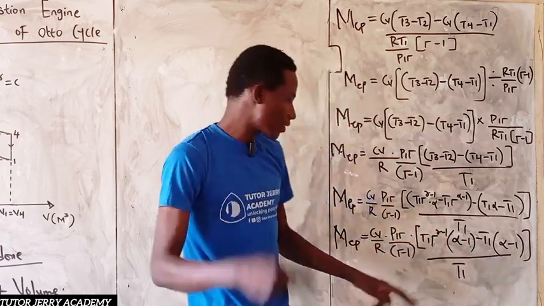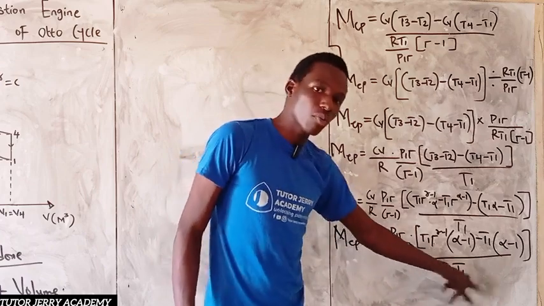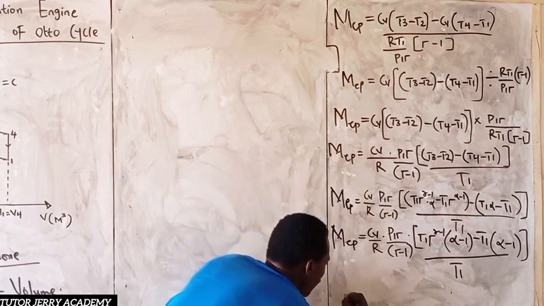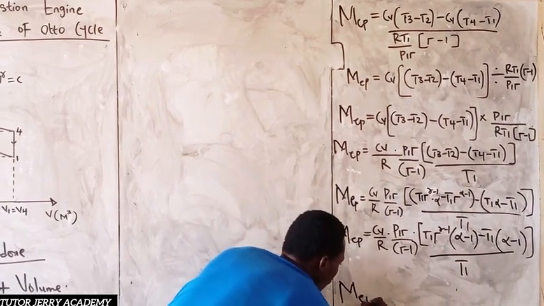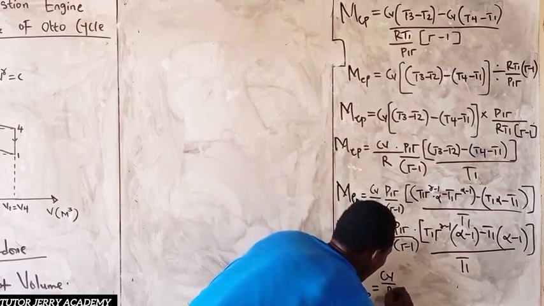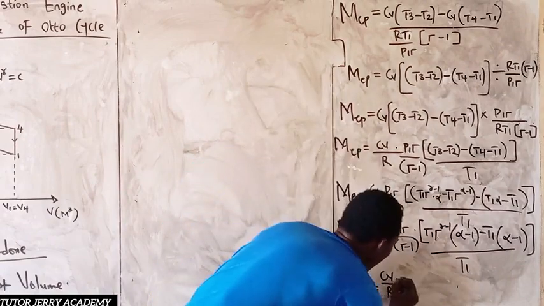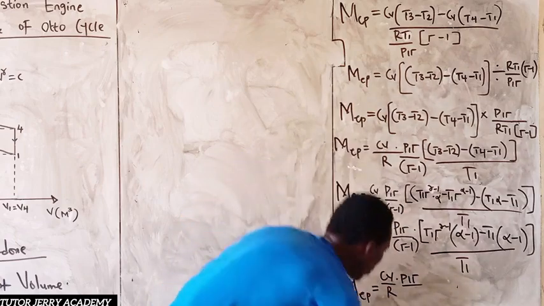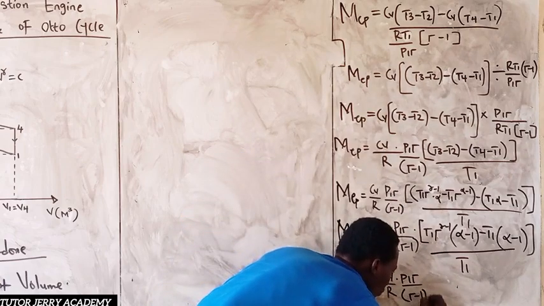You realize that T1 will go with T1 and T1 will also go with T1. So I can rewrite this by saying mean effective pressure is equal to CV all over R multiplied by P1 compression ratio all over compression ratio minus 1.